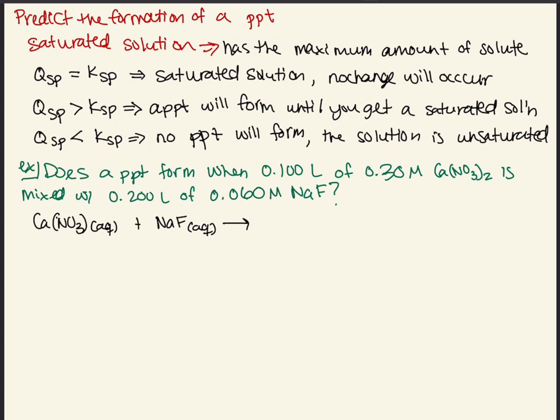This is a double displacement reaction where calcium is going to form a compound with fluoride and sodium is going to form a compound with nitrate. Now, I know that sodium and nitrate are always soluble, and so this calcium fluoride is going to be the salt that I am curious if it will form a precipitate or not.